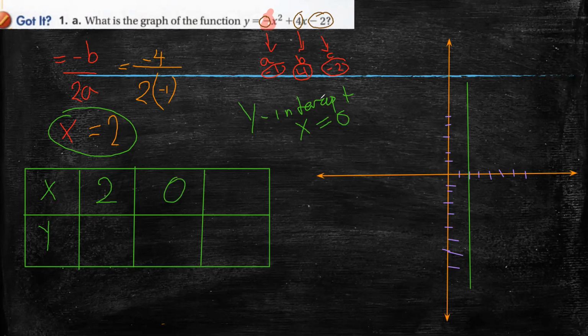So I can know what the second point will be. It is 0. And the third one, I want to choose 1 as an example. After I plot these points, 2, 0, and 1, I now have to evaluate in my function.